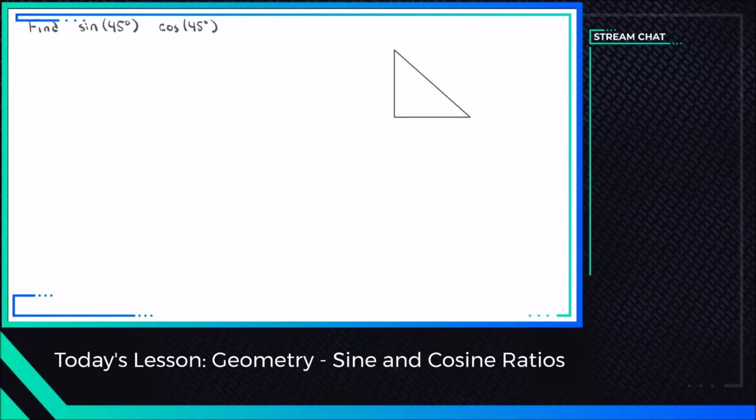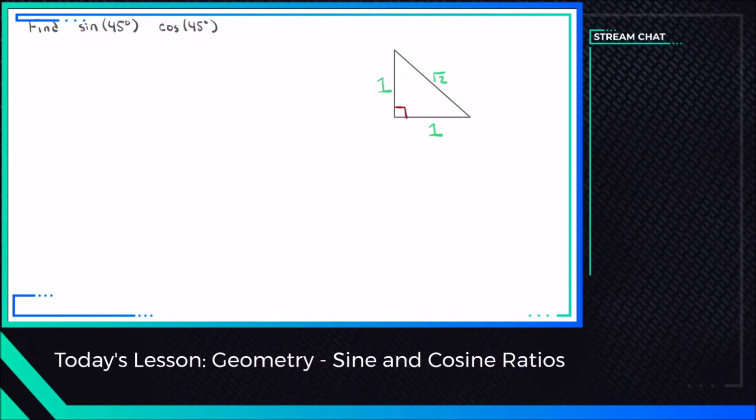And on a 45, 45, 90 right triangle, we know that if we make our side lengths both equal to 1, then our hypotenuse is equal to the square root of 2. That's all the way back using the Pythagorean theorem. 1 squared plus 1 squared is 2. Take the square root, that is going to be the length of our hypotenuse.